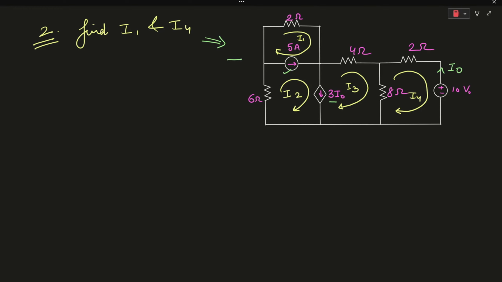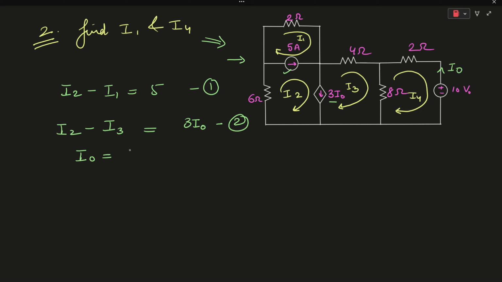So from this network we can say that I2 minus I1 is equal to 5. Let's say this is our first equation. Also I2 minus I3 is equal to 3 times I0. Let's say this is your second equation. And I0 is equal to minus I4. Let's say this is our third equation.